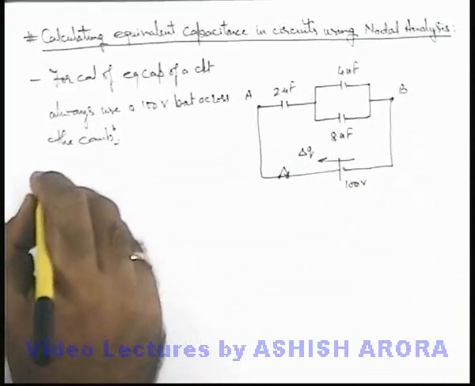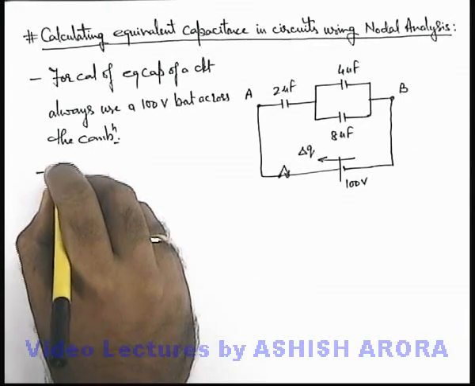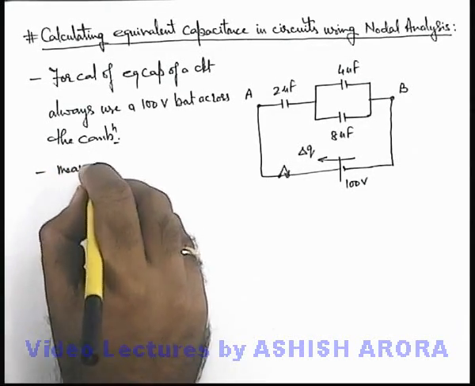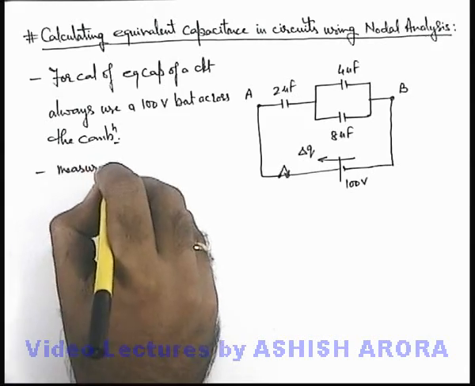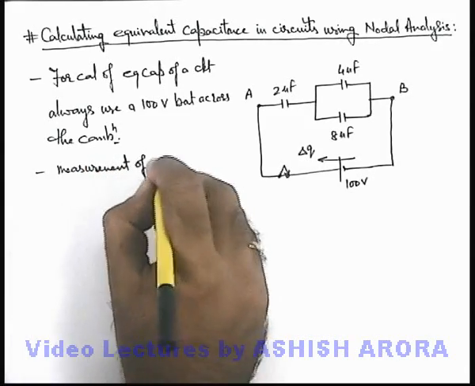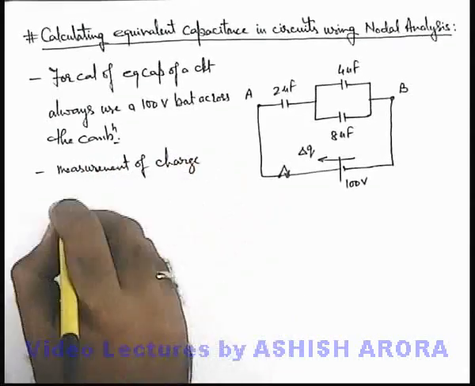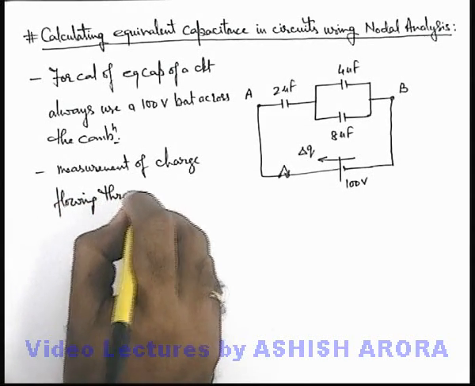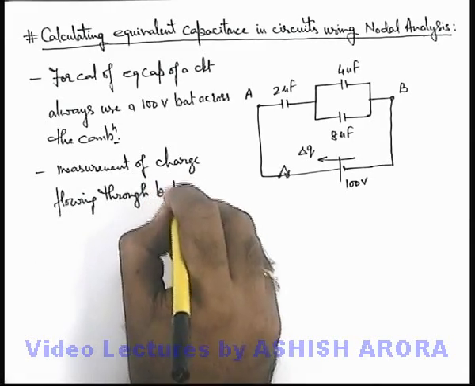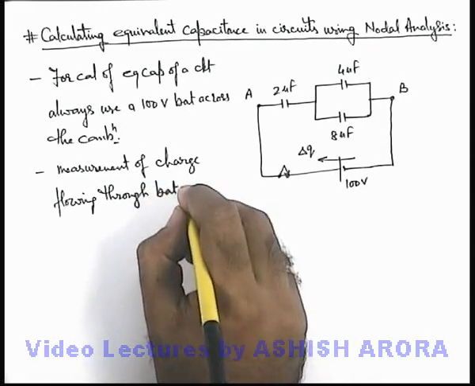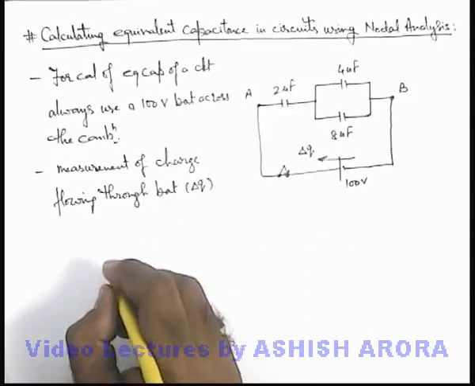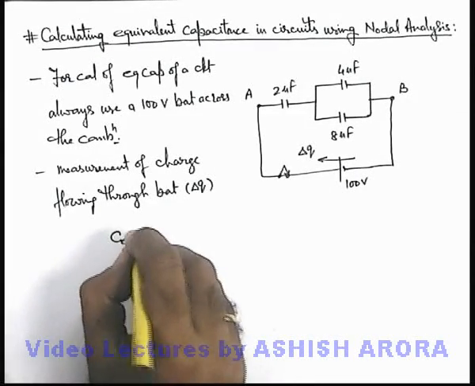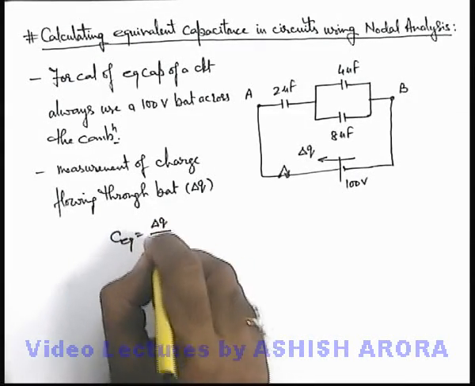Then I can directly state that the next step is measurement of charge flowing through the battery, and say it is delta Q.